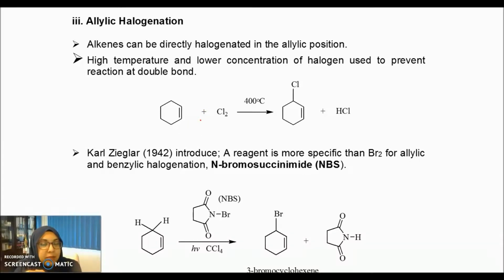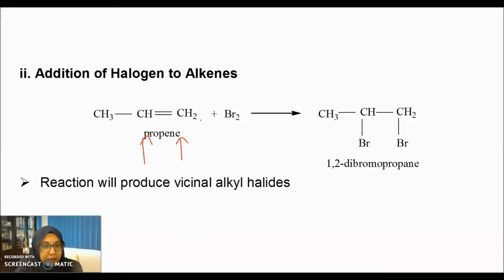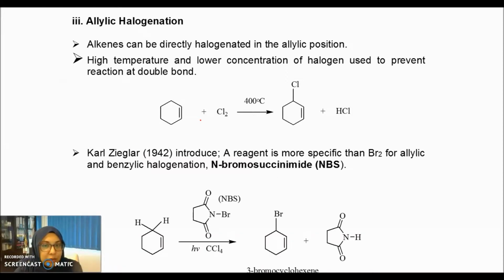Instead of having no condition mentioned, as in the previous bromine example where no temperature was mentioned, here we mention that the reaction takes place at a very high temperature, 400 degrees Celsius, and the reaction will occur at the adjacent carbon. This is a very special reaction that you can accomplish.